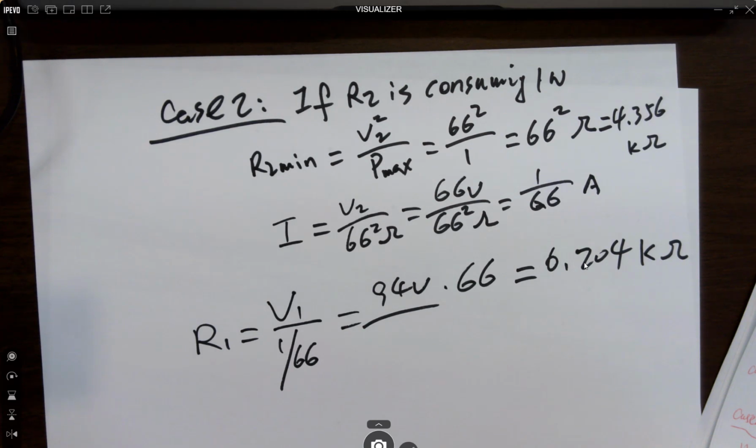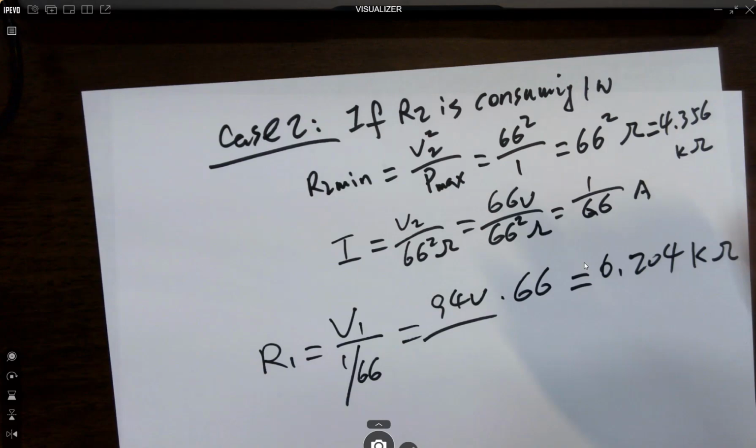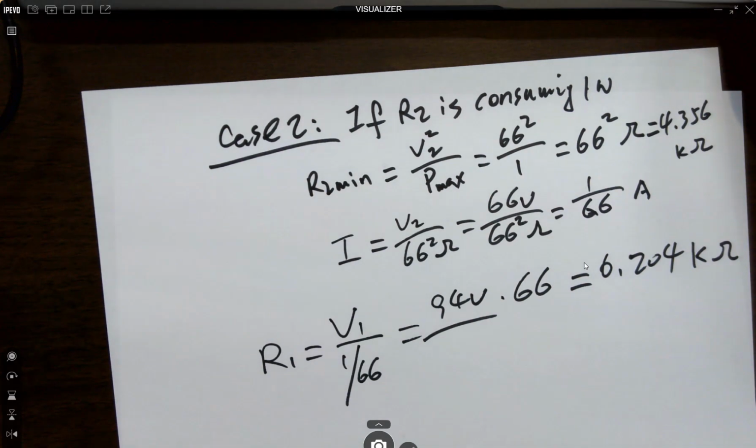Yeah, R1 is higher voltage, right? So R1 has to be bigger, and this one is R1 is bigger as well. I think what I found was just the first case satisfies the voltage requirement. So R1 must be bigger than R2, and this one does the same thing, and this is also the same.